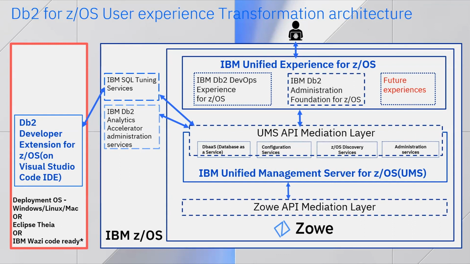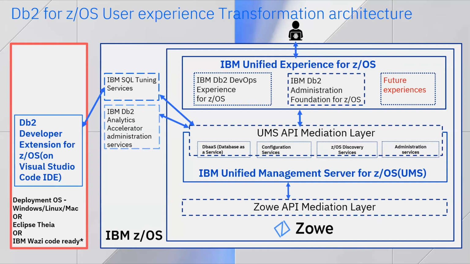On top of Zowe, we've built the Unified Management Server, which in essence, the UMS, is the brains behind the entire solution, if you want to think of it that way. The reason it is the brains is that UMS comes with everything necessary for the admin foundation, the DevOps experience, and everything. It comes with its own API mediation layer, which is the core of all the UMS capabilities.